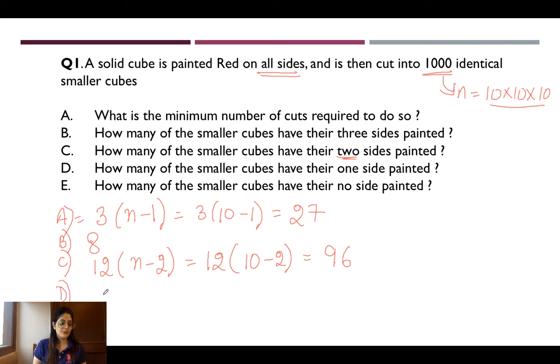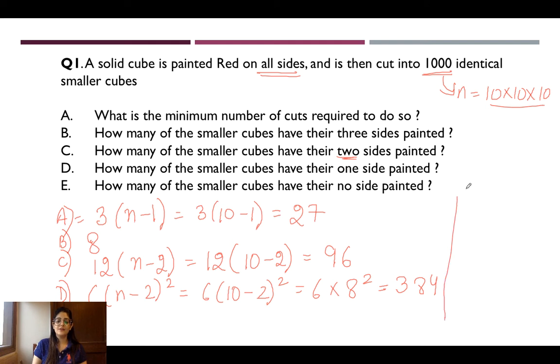Alright, next up we have how many of the smaller cubes have one side painted. So one side painted is 6 into (n minus 2) square. So this is going to be 6 into (10 minus 2) whole square. So 10 minus 2 is 8. 8 square is 64, and here again it's about calculation, so you get 384.